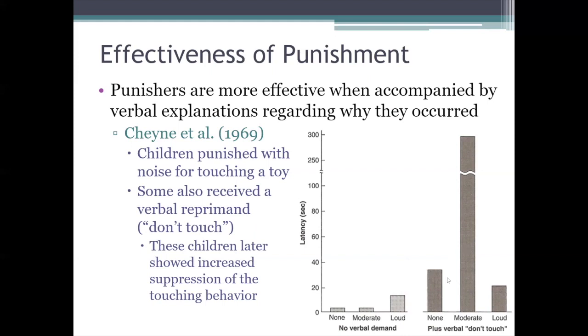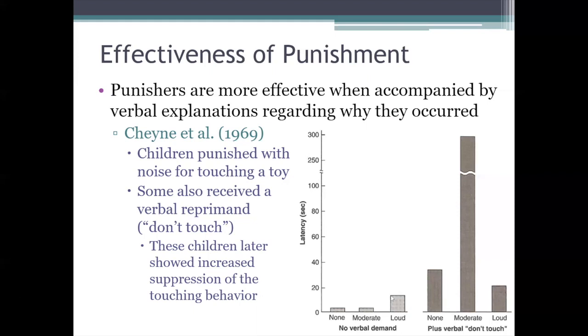And some of those kids were also told verbally not to touch the toy. And then later, each kid was left alone in a room that had the toy in it, and the researchers measured how long the kids held out, basically, before they touched this forbidden toy. So, how much time passed before they touched the toy? What was the latency of that response?